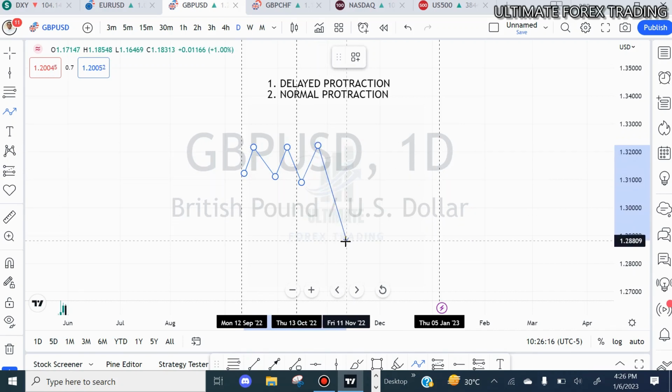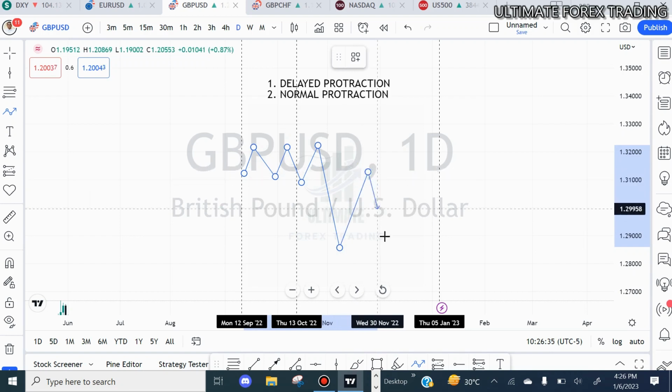You will just see continuation after the consolidation. So it will be accumulation and distribution, not really manipulation to the opposite direction. Then you will see retracement into this range, right? Then continuation.